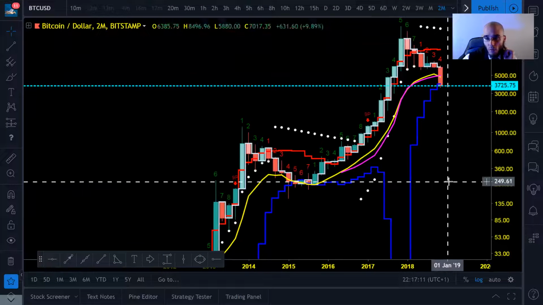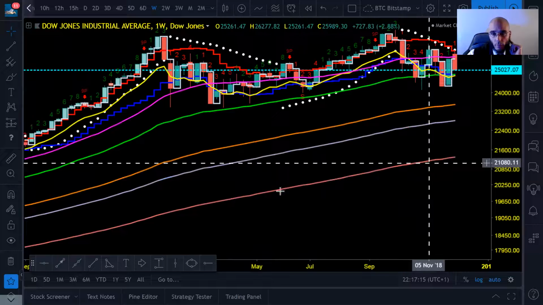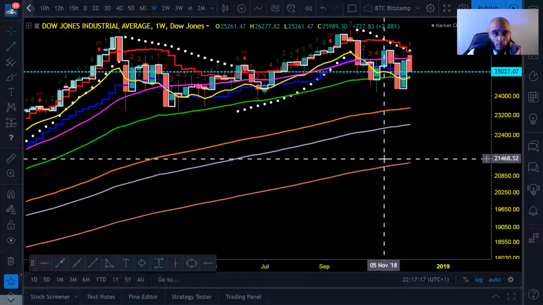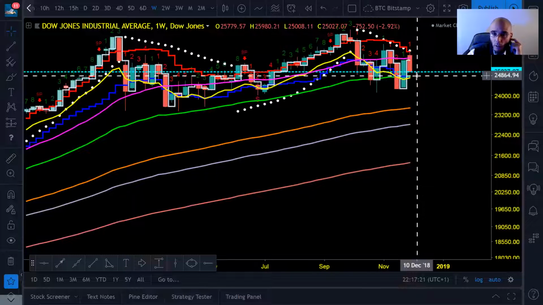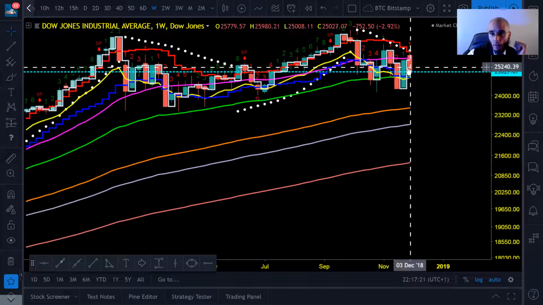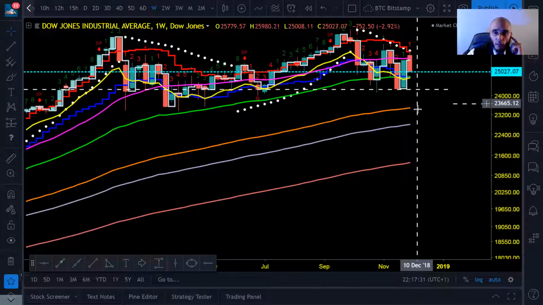Now we are going to look at some stocks and big indices. So the Dow Jones is on a 1. It is not a good looking wick. We hoped for a 2 going higher than a 1, and maybe we did get that, but price reversed, and now you're on a 1 again, so you should be in cash and see what happens.